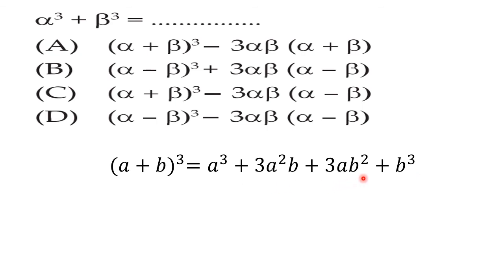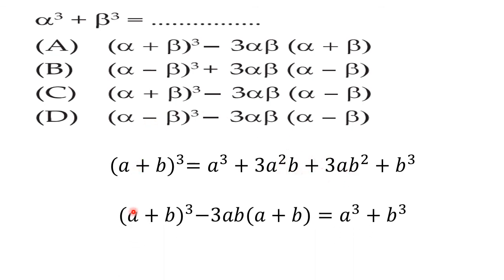And then inside the bracket you will get a plus b, and that complete term we will shift to this side. So we will get (a plus b) the whole cube minus 3ab inside the bracket (a plus b), and on our right hand side we are going to get a cube plus b cube. Now compare this one here. In place of a you think of alpha, and in place of b you think of beta.